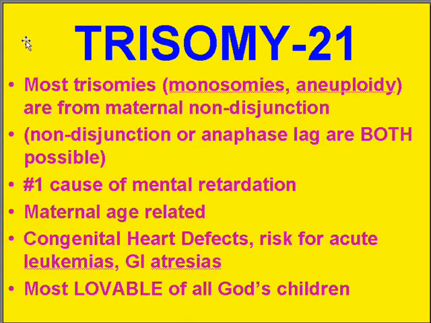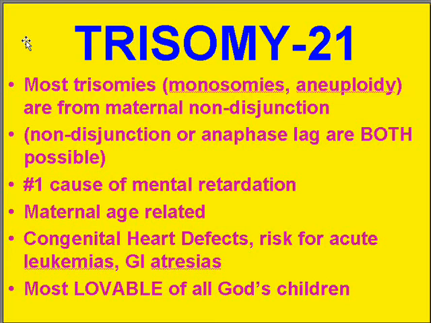In trisomy 21, or the Down syndrome babies, most of them are the result of maternal non-disjunction, in which the chromosomes don't separate. They're trisomies, of course, usually only one additional one. They are therefore aneuploid.